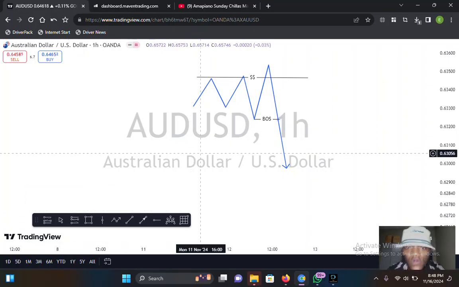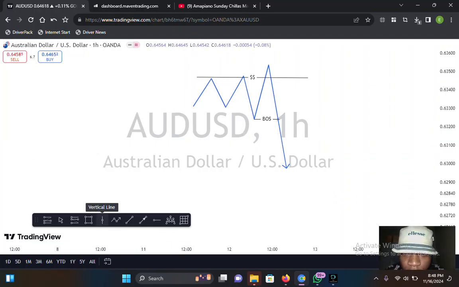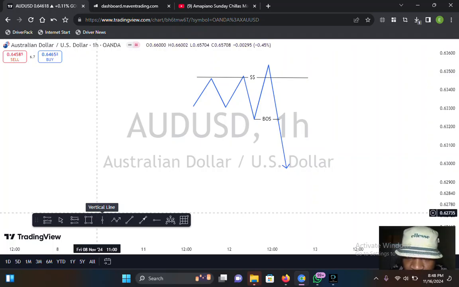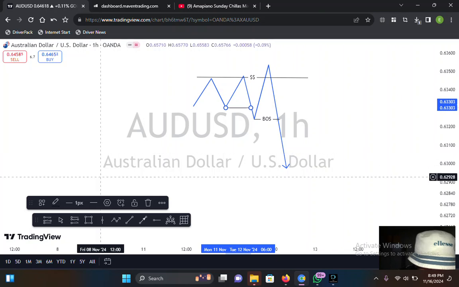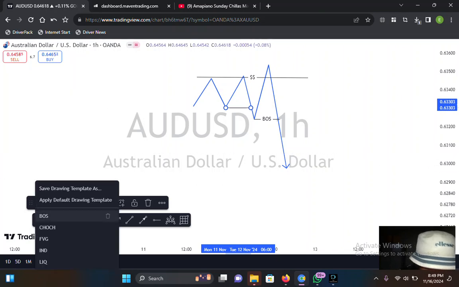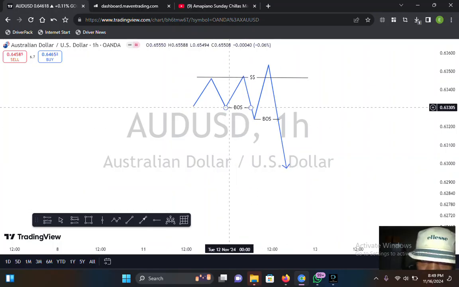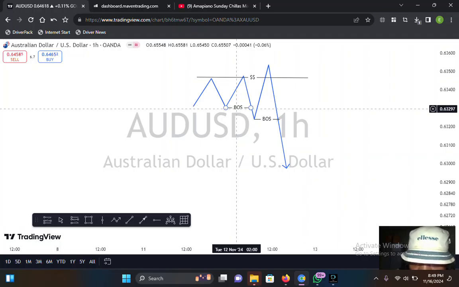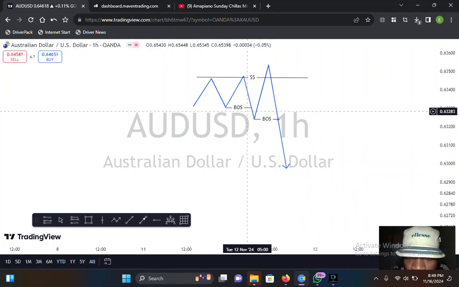You can observe break of structure is everywhere, but we are only focusing on the break of structure that happened after sweeping liquidity. Even here, this one also is a break of structure, but we don't really focus on this one, because here there was nothing extra happening.